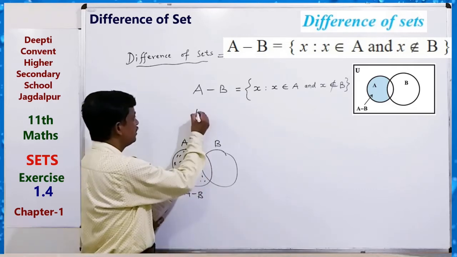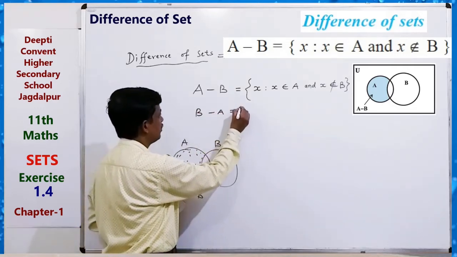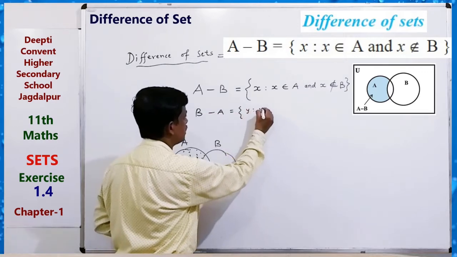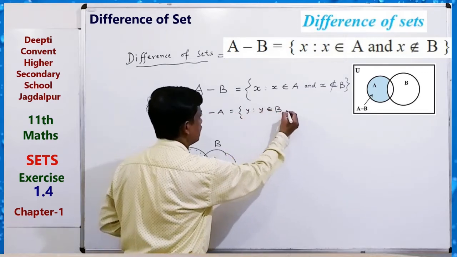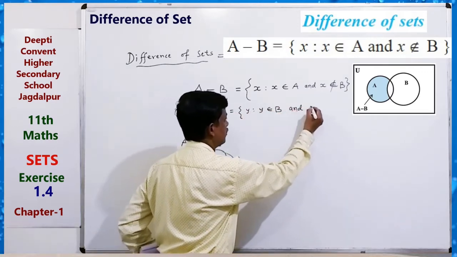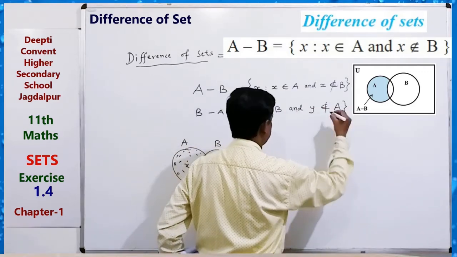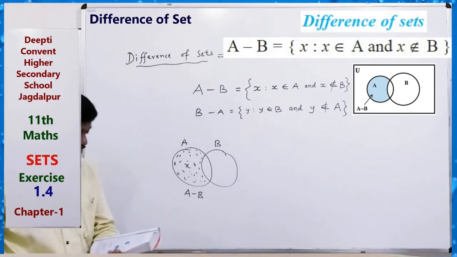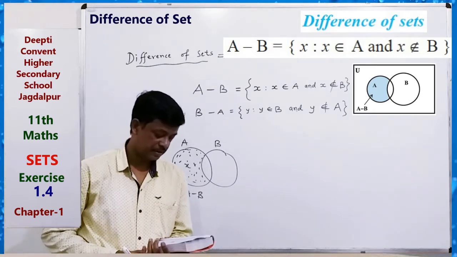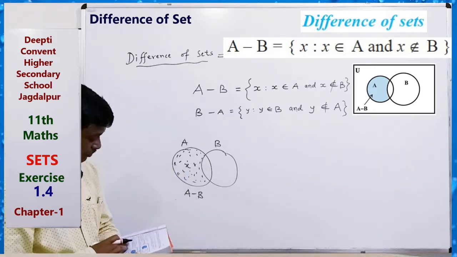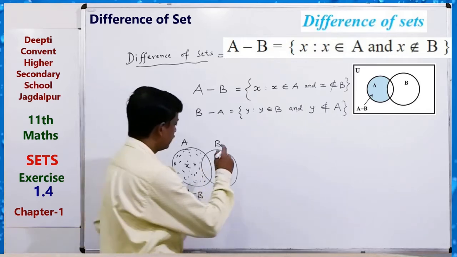Similarly, B minus A: Y such that Y belongs to B and Y does not belong to A. Clear?